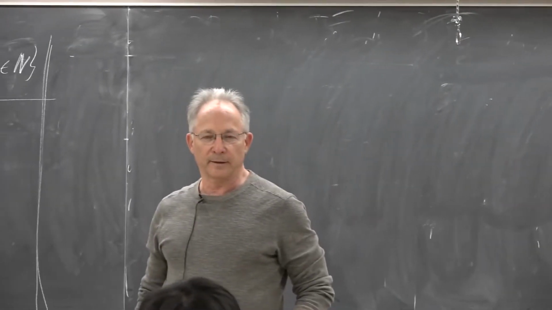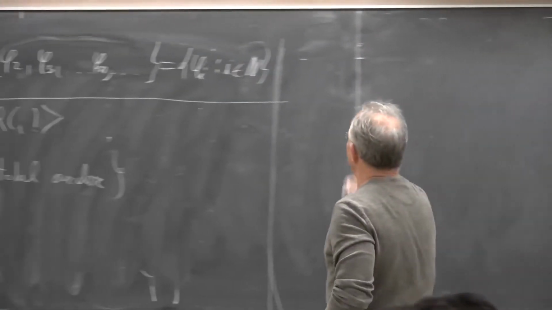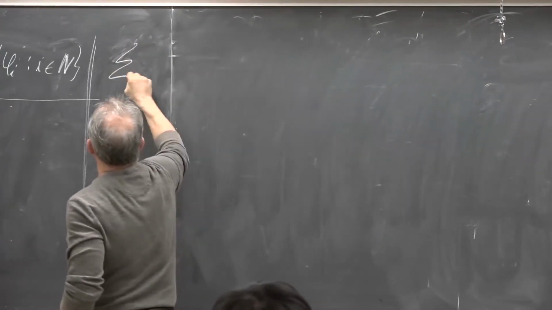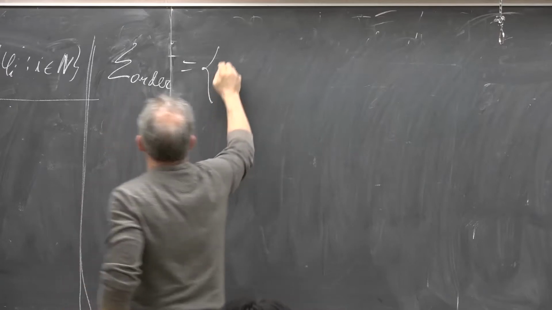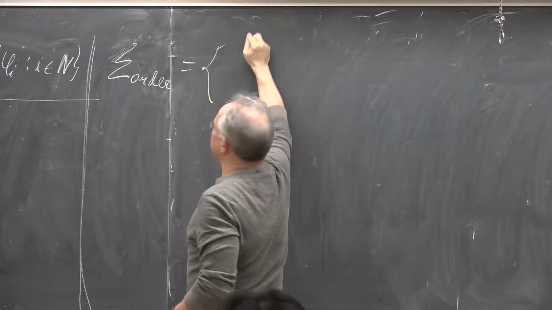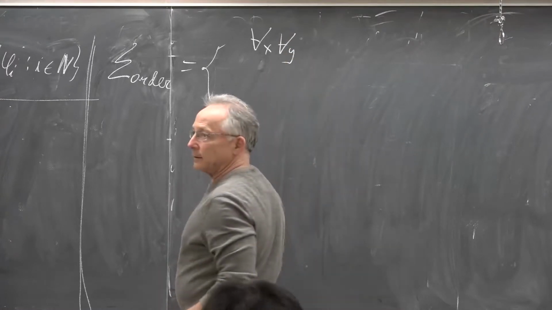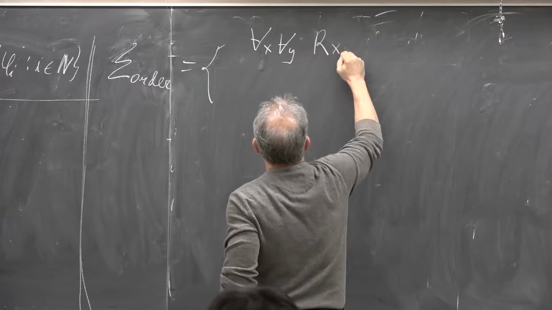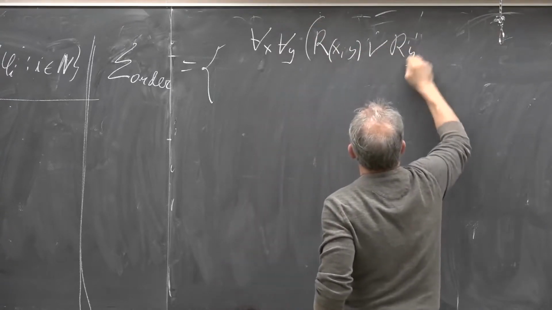Yes? For every pair x, y, either R(x,y) or R(y,x). Right. So in my Sigma order, I will have first that for every x, for every y, R(x,y) or R(y,x).